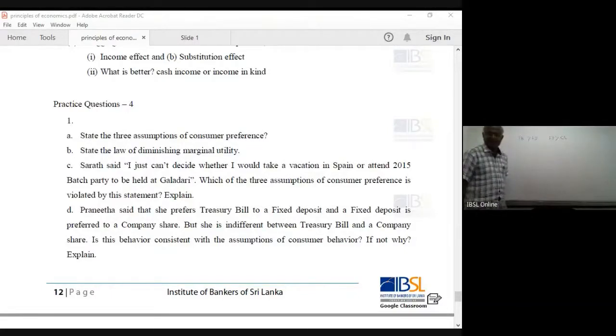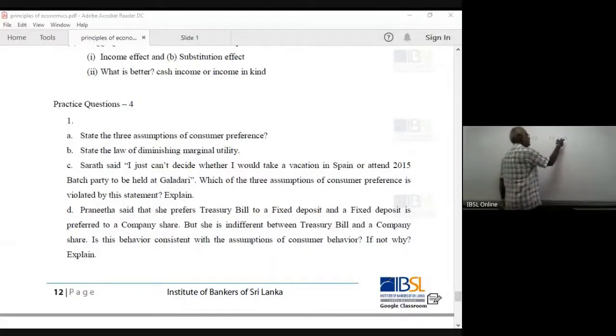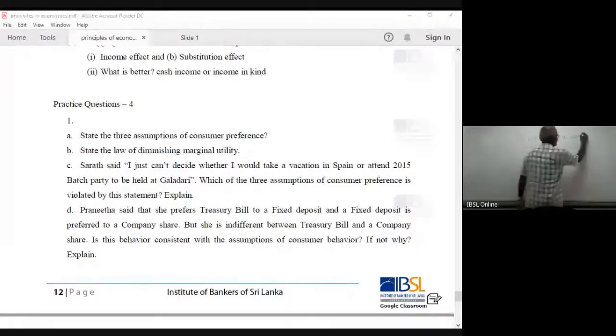Again, she says fixed deposit is preferred to company share, a risky one. Then if her preference satisfies the transitivity property, treasury bill should be preferred to company share. Agree?